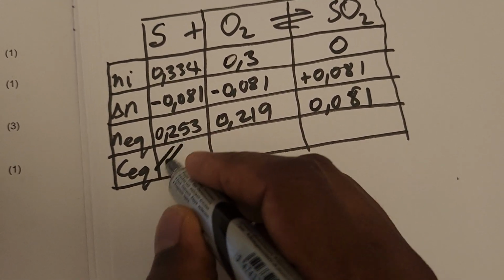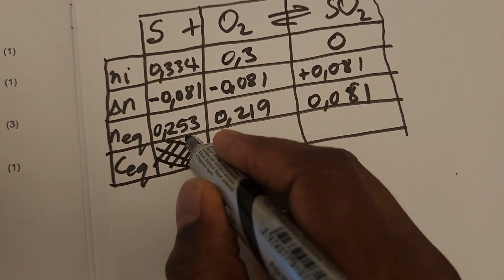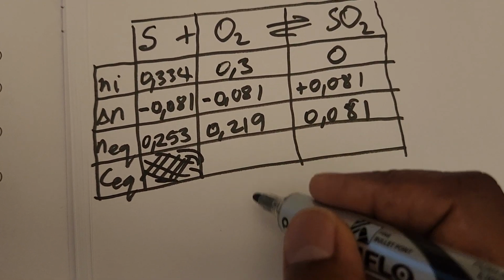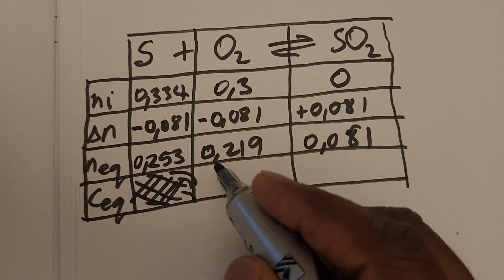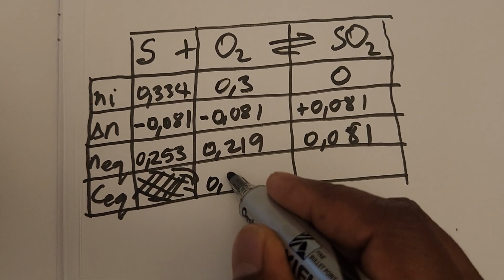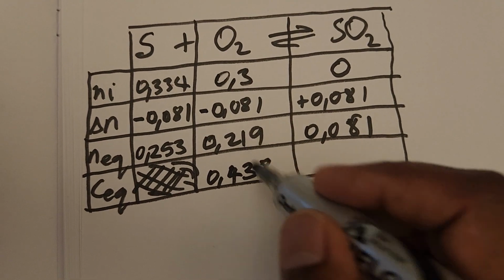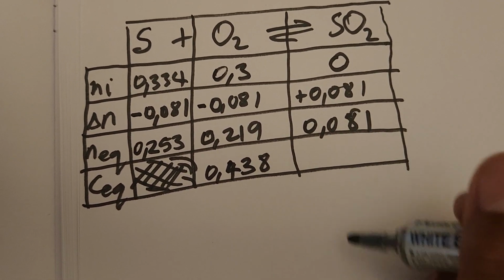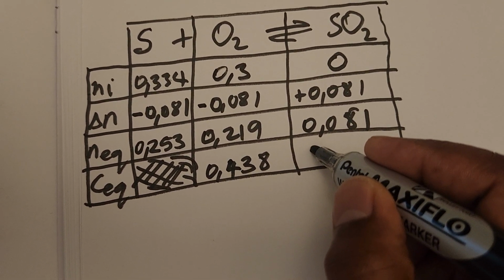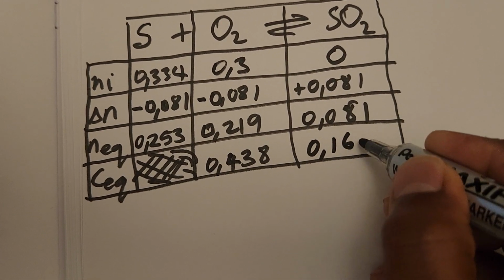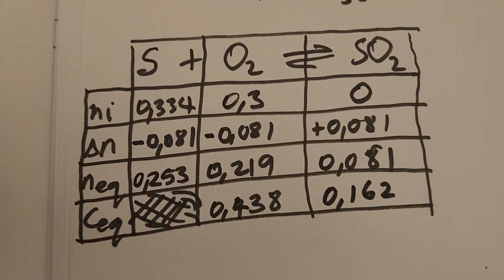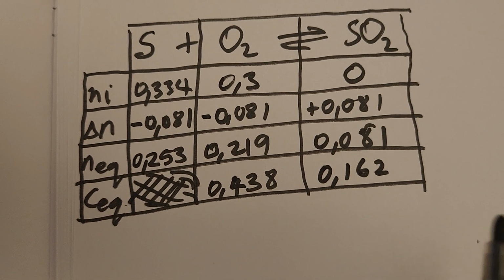Then we know that the solid has no concentration. Cancel this, and then the oxygen will have 0.438. That is this one divided by 2, and this one divided by 2 also will be 0.162. Now we have got the concentrations at equilibrium.